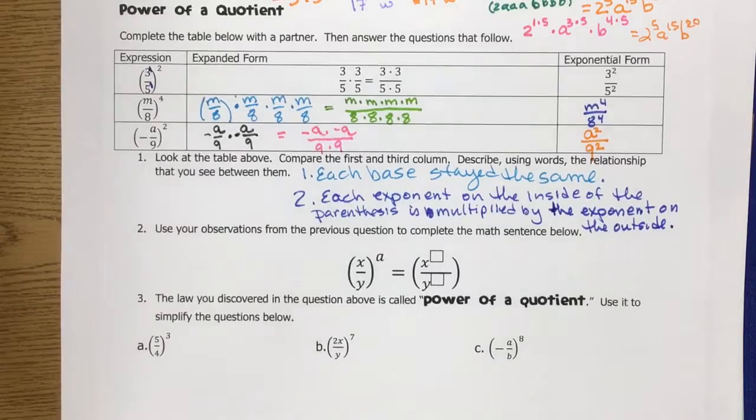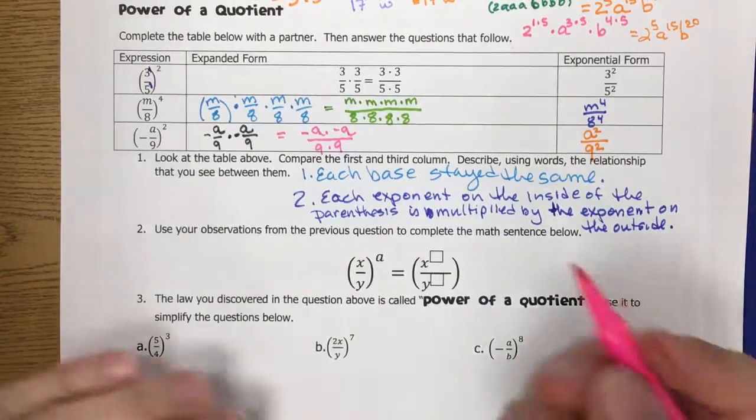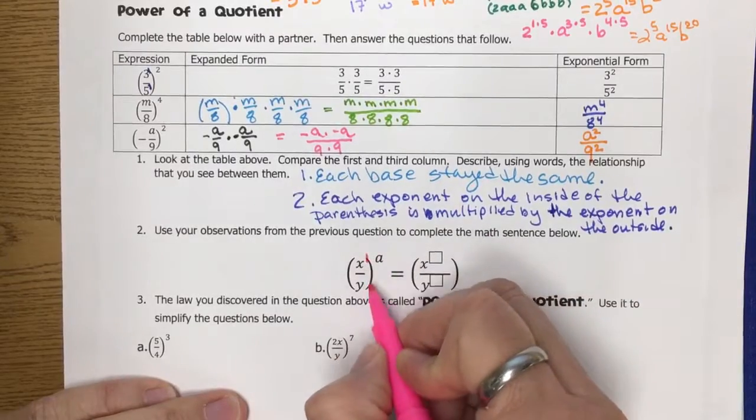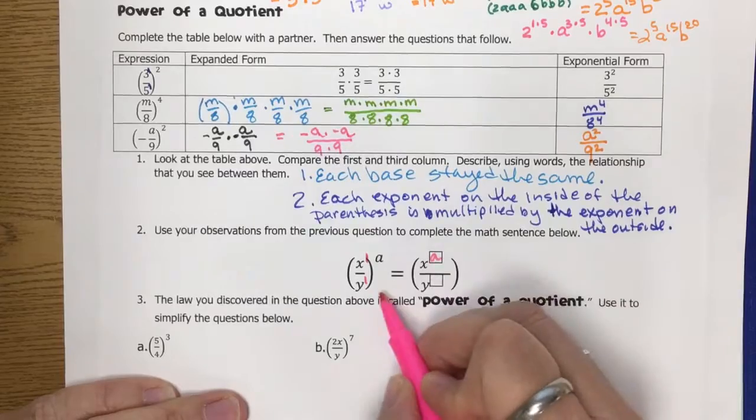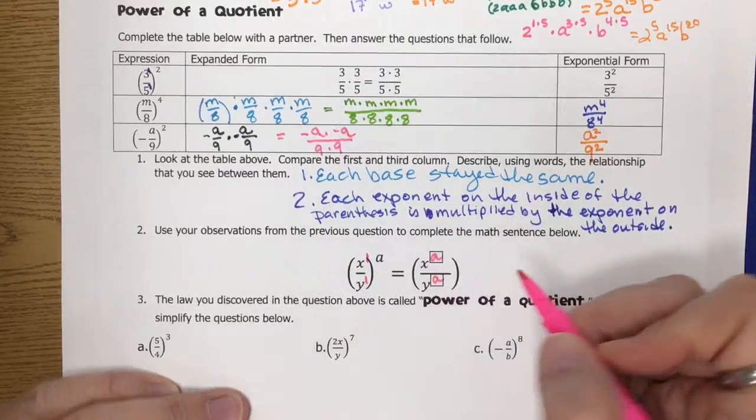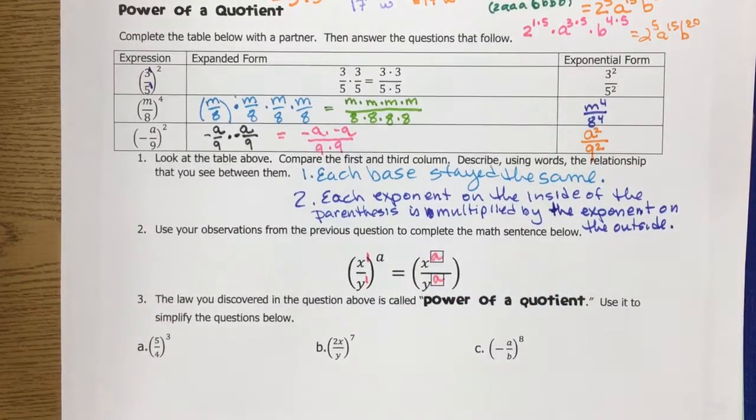So, I look here, there's an invisible 1, there's an invisible 1. 1 times a gets a, 1 times a gets a. So you have x to the a over y to the a.